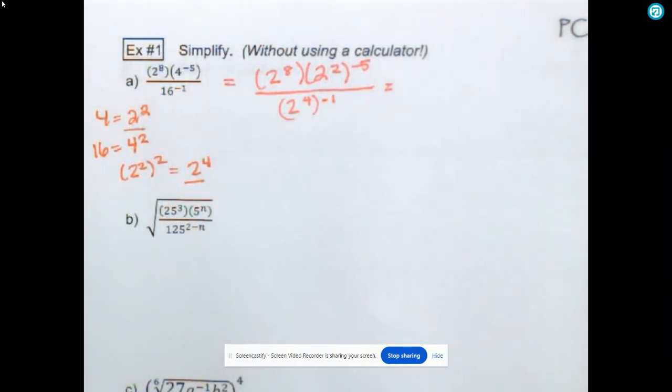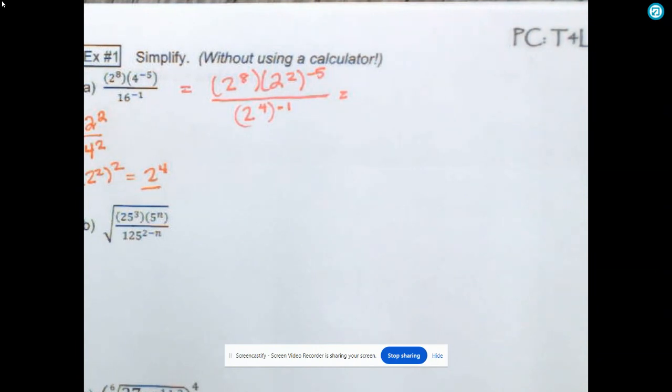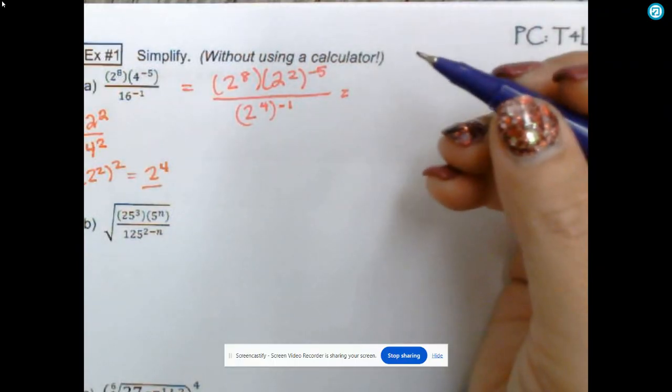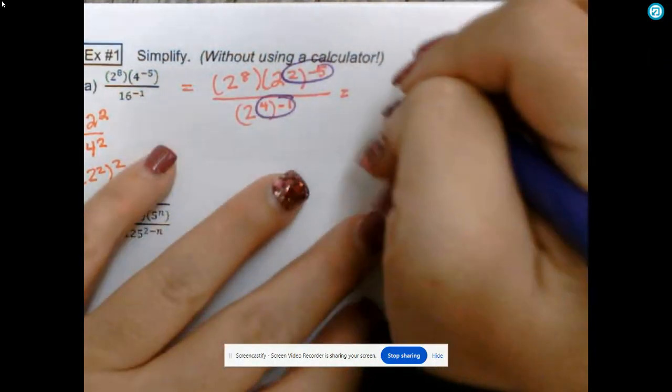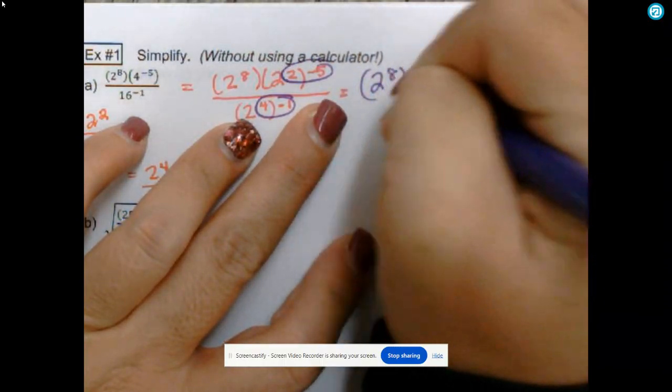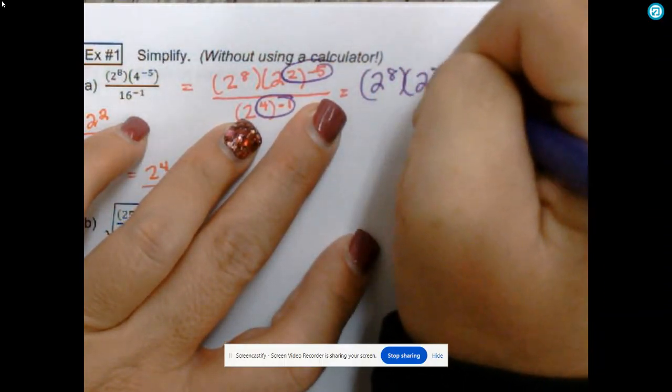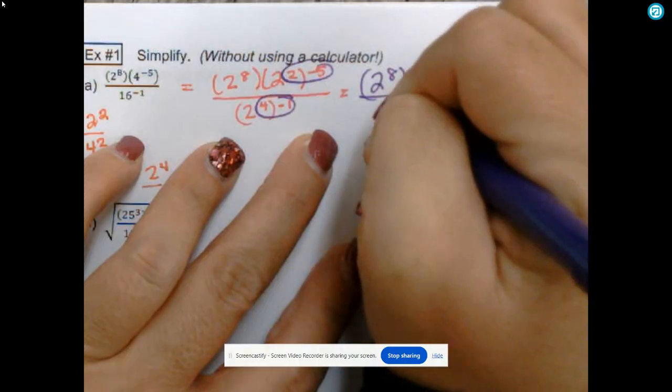Now let's just apply our exponent rules. Do not multiply the 2's. That is your base. It's like an x. So do not multiply the 2's out. The 2's have to stay the same, and our exponent rules apply from there. Right here I'm going to apply this one first and this one first. That's going to leave me 2 to the 8th times 2 to the negative 10th all over 2 to the negative 4th.